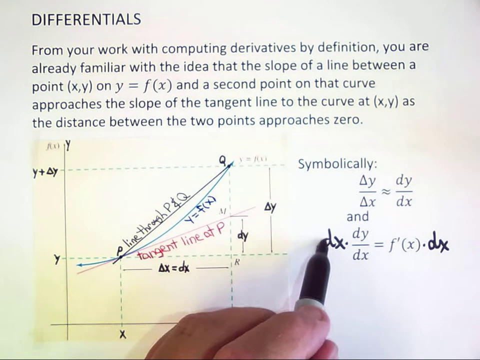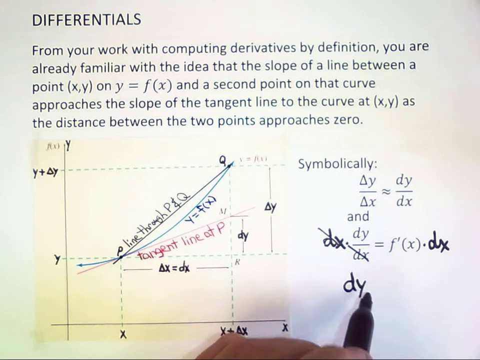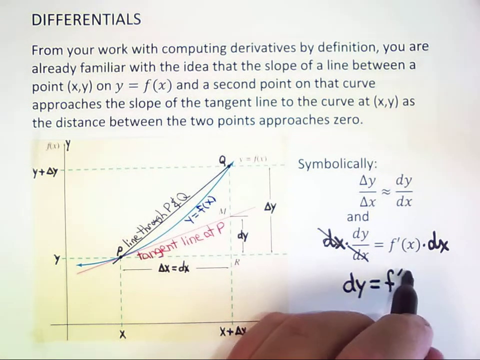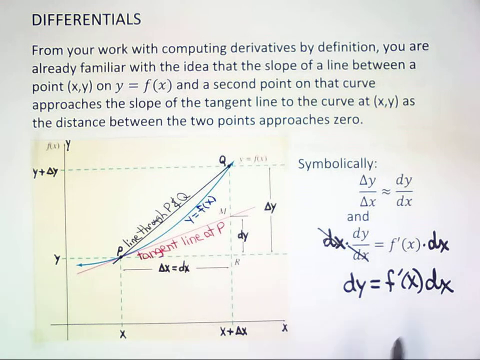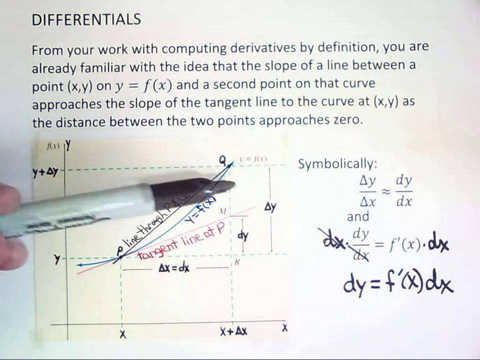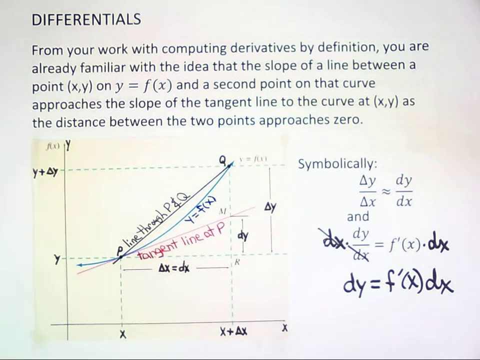They're non-zero. So if I do that, I end up with dy is equal to f prime of x dx. In this context, dx is a small change in x, and dy is a small value associated with y, namely the change in the y-coordinates for the tangent line.